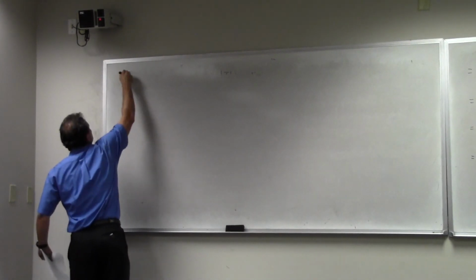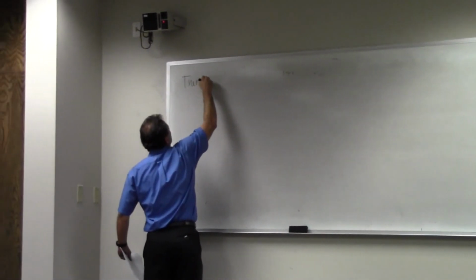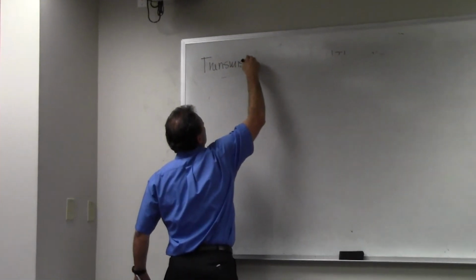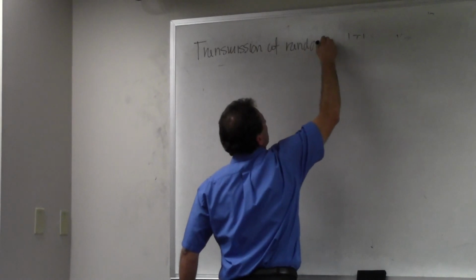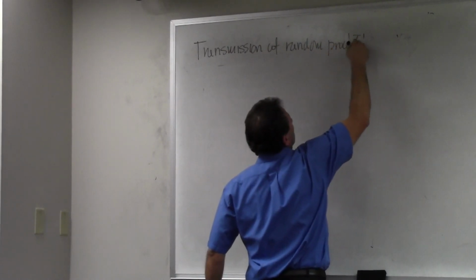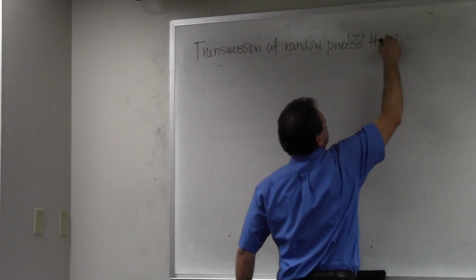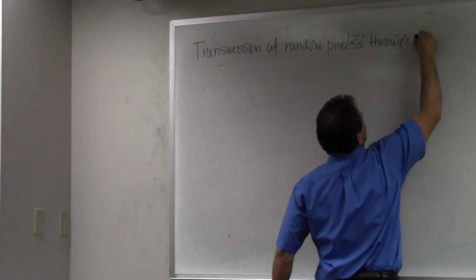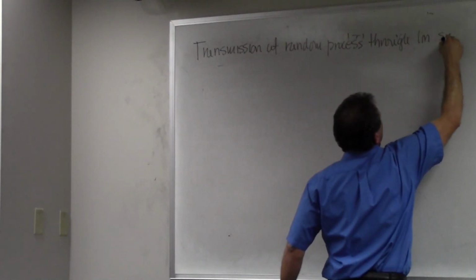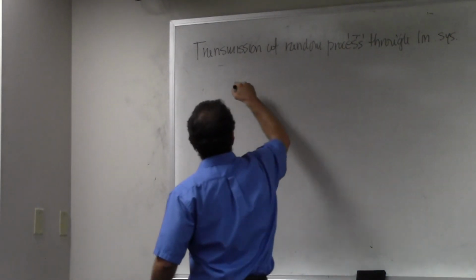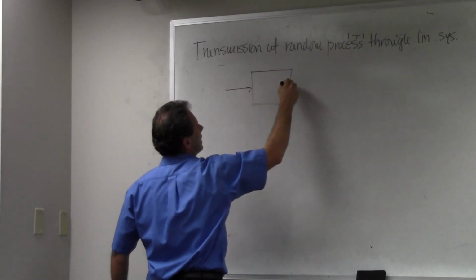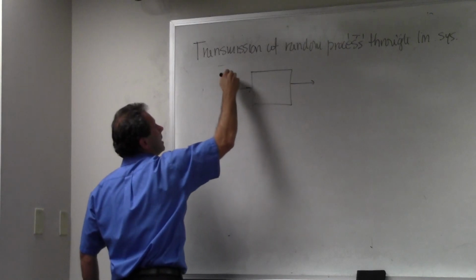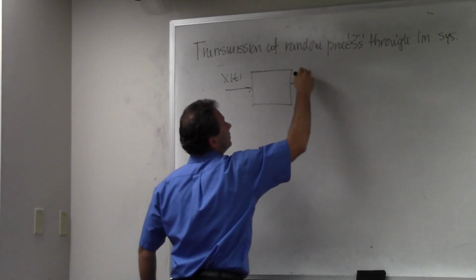Transmission of a random process through a linear system. Here's what we have. This is the same drawing as we started with. We have x of t, but now as a process, and then y of t.